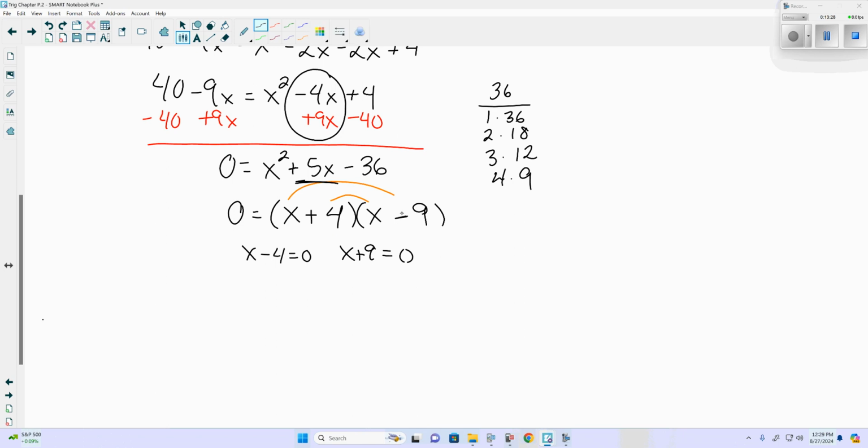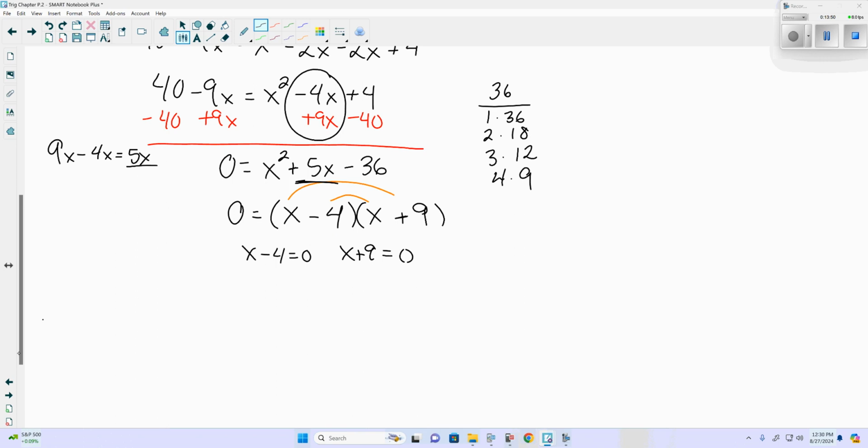So that's plus. Yep. So it should be x minus 4 and x plus 9, because our x times 9 would give us positive 9x. Our negative 4 times x would give us negative 4x, giving us the positive 5x that we wanted.